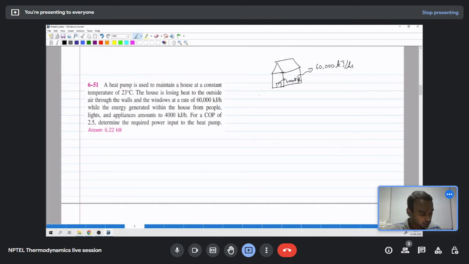So that means the net energy that has to be supplied by the heat pump, I would write this as Q heat pump, is 60,000 minus 4,000, because 4,000 is generated and 60,000 is lost, so the difference alone can be supplied by the heat pump, which is 56,000 kilojoule per hour, which is 56,000 divided by 3600 joules per second.